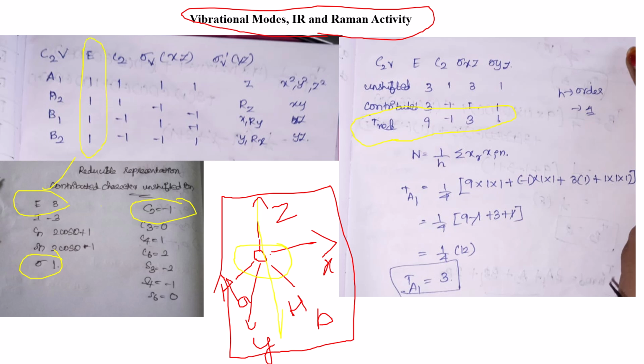By using the great orthogonality theorem, the sum of squares of the identity values is equal to the order. So 1 squared plus 1 squared plus 1 squared plus 1 squared is equal to 4. So the order of the character table is 4.